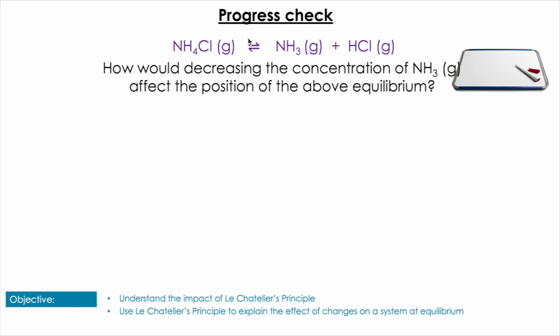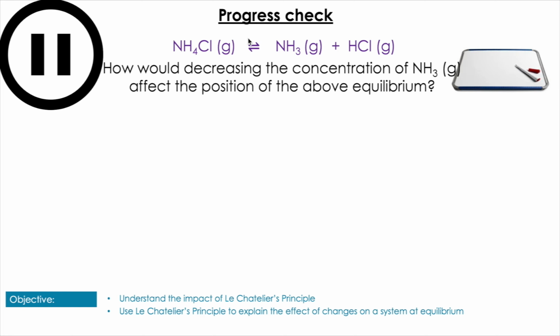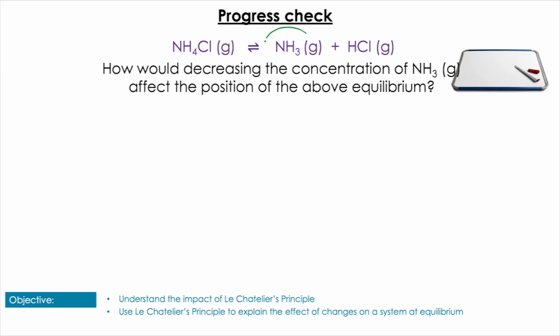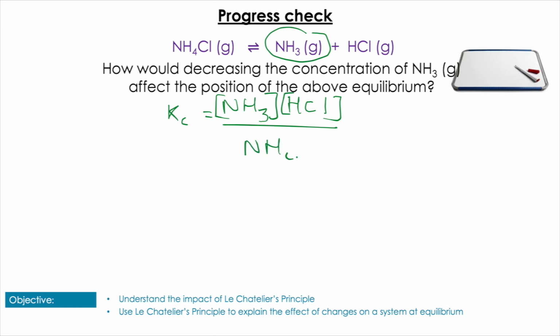Okay, next question then. How would decreasing the concentration of NH3 affect this equilibrium? Pause the video to give yourself some time. Pop them up. So with this one, we are decreasing the concentration of NH3. It's going to be NH3 times HCl over NH4Cl.